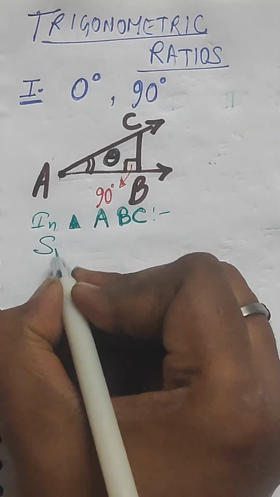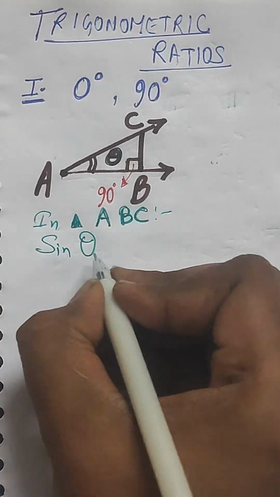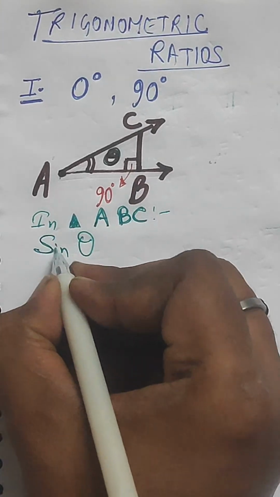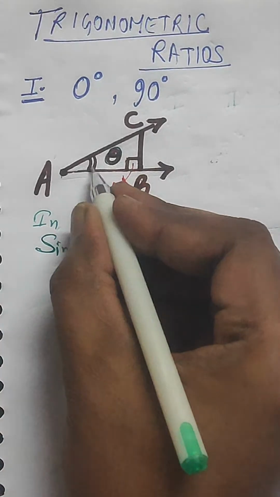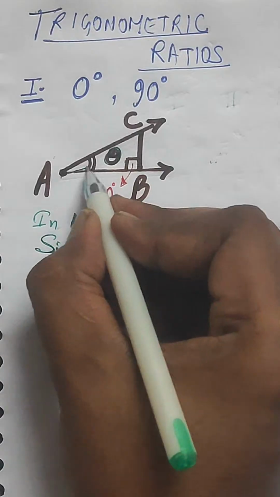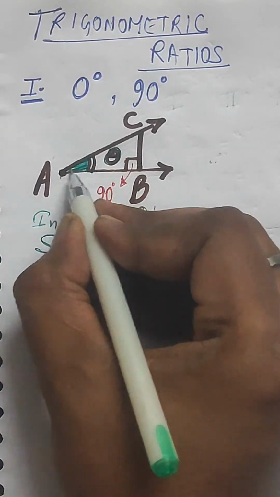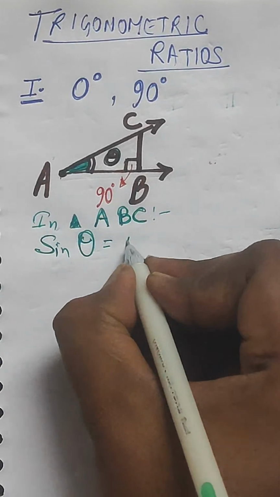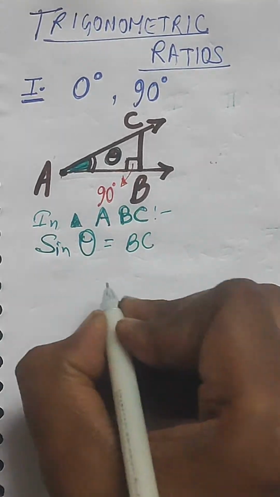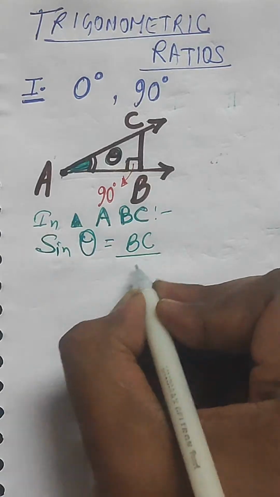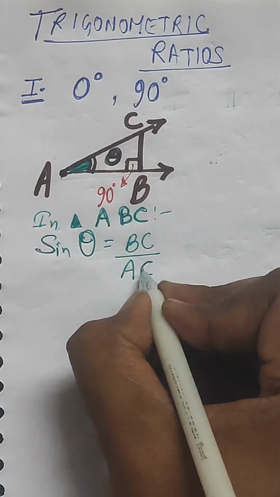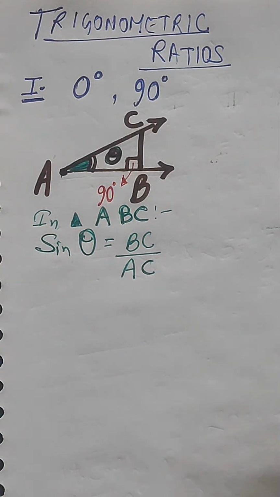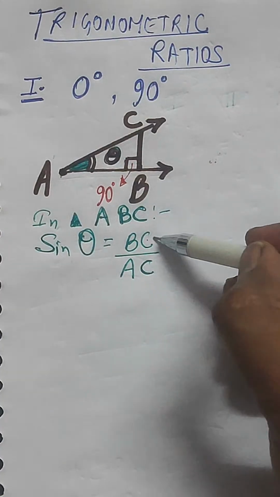Then we can say that sine of this angle theta is the ratio of BC by AC, isn't it? Sine theta is BC by AC.